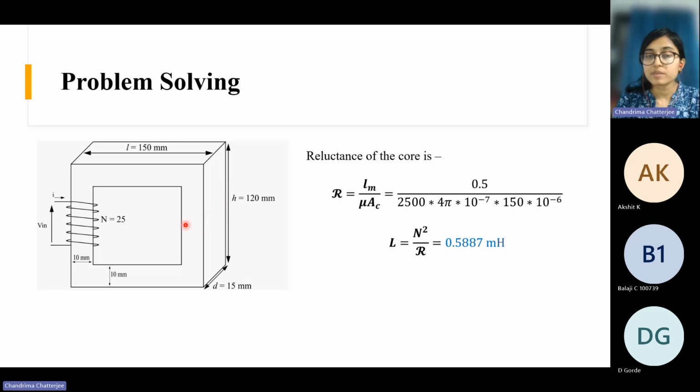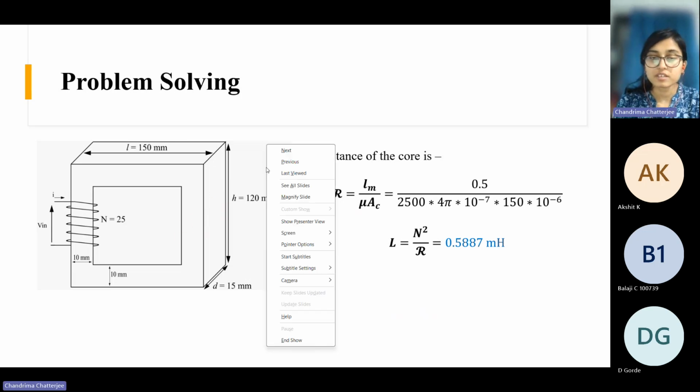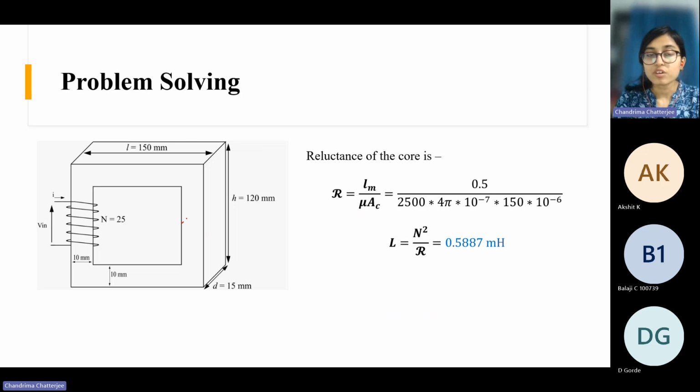If I draw this, this will be the core cross-sectional area. This dimension is given as 10 millimeter and this dimension as 15 millimeter, so that comes out to 150 millimeters squared.